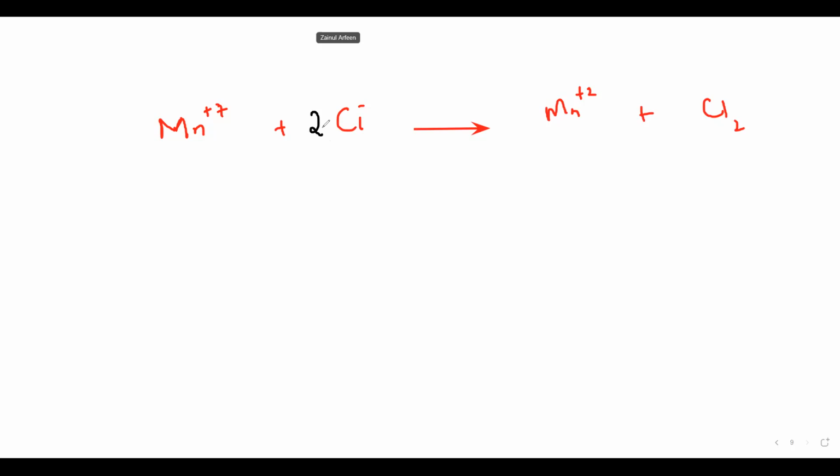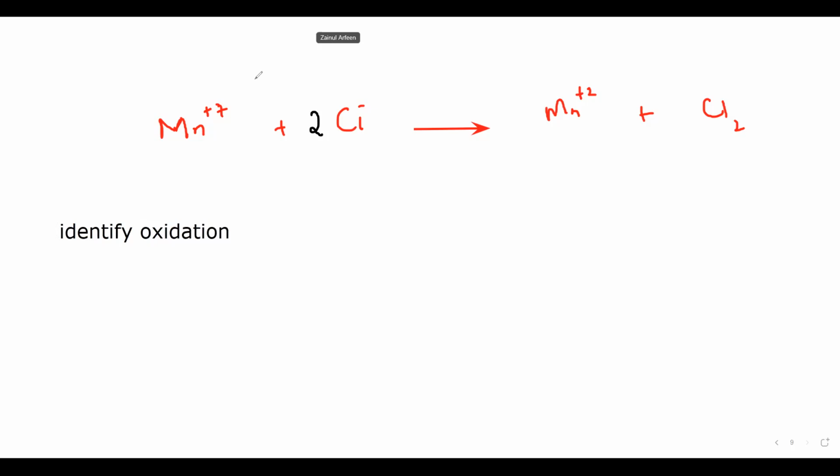The first thing they ask, identify oxidation. So how can we identify oxidation? As there is no electron given, there is no oxygen given, so we'll use the oxidation number.